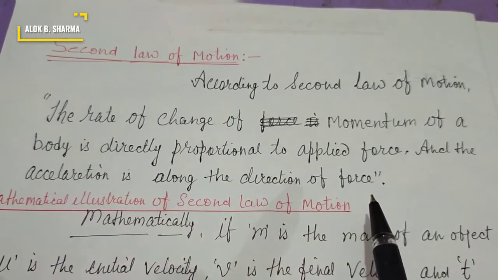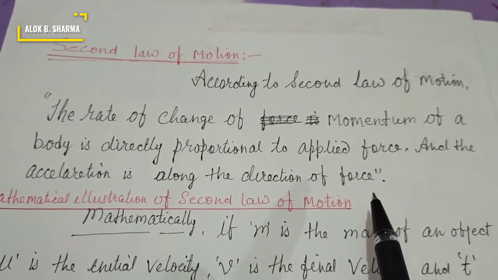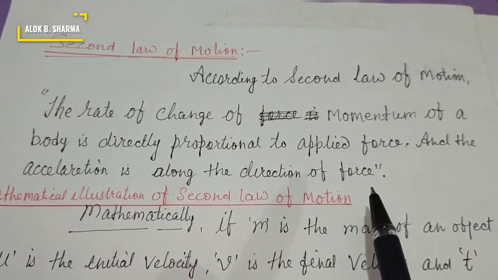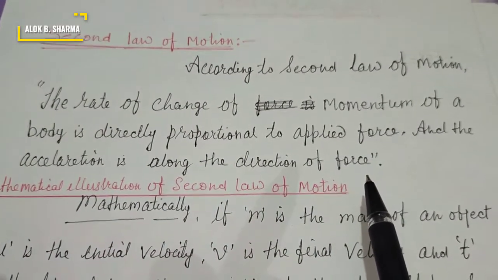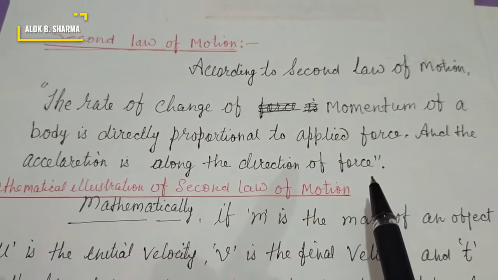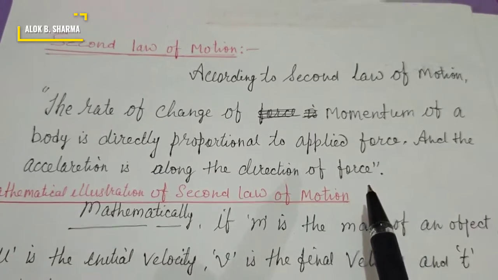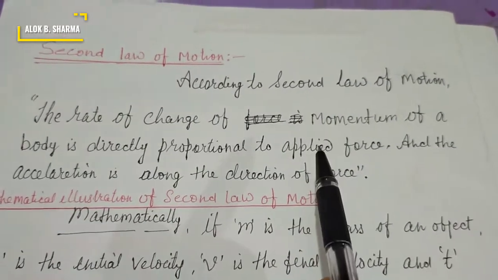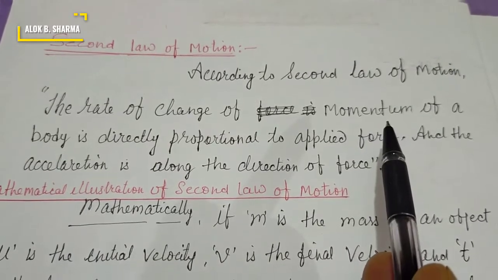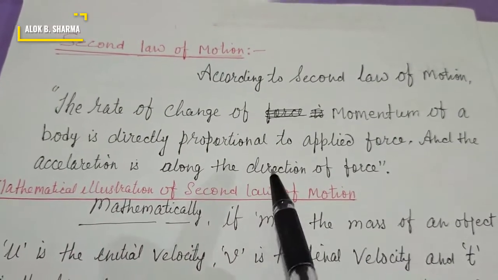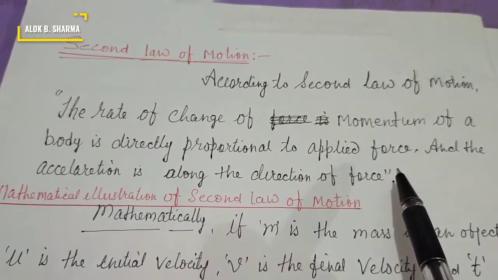From this law, we get the definition of force and also the magnitude of force, that is, the numerical value of force, the way from which we can calculate the amount of force. That is the numerical formula of force.